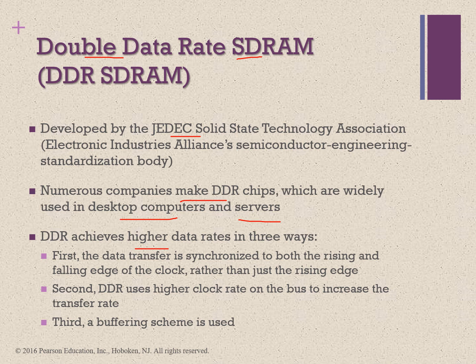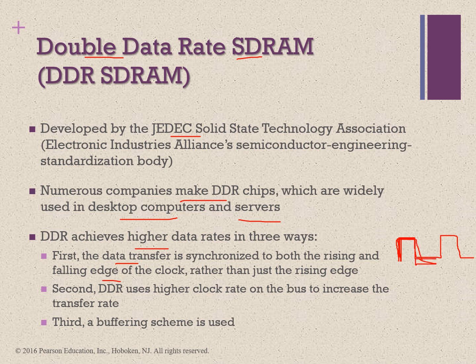First, the data transfer is synchronized to both the rising and falling edge of the clock cycle. Normally, the clock cycle has a rising edge and a falling edge, and the data transfer is done during the rising edge. But here in the DDR RAM, the data transfer is done synchronized with the rising edge and also with the falling edge.